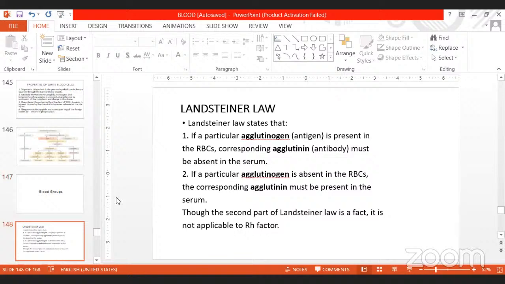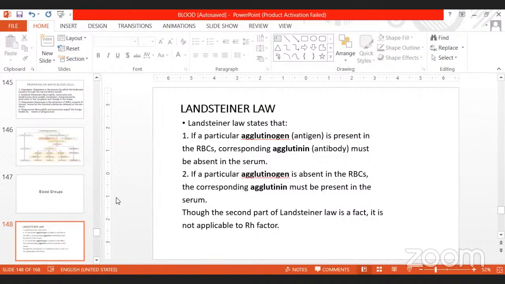So before going to blood groups, we have to see a law that is known as Landsteiner's law, that states that if a particular agglutinogen or an antigen is present in the RBC, the corresponding agglutinin or the antibody must be absent in the serum.